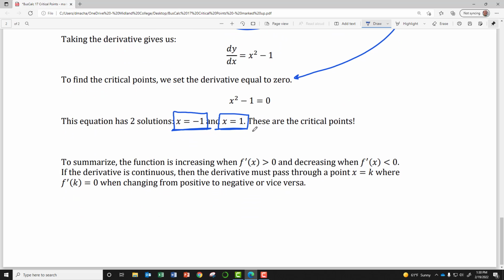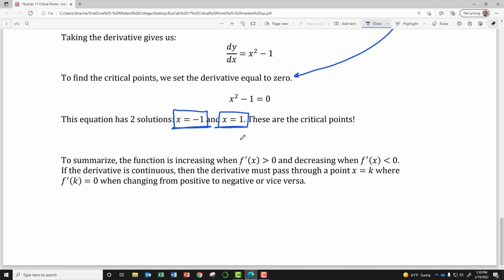Okay, now just to summarize what we've learned in this video, the function is increasing when the derivative is greater than 0, or you'd say the derivative is positive. The function is decreasing when your derivative is negative.